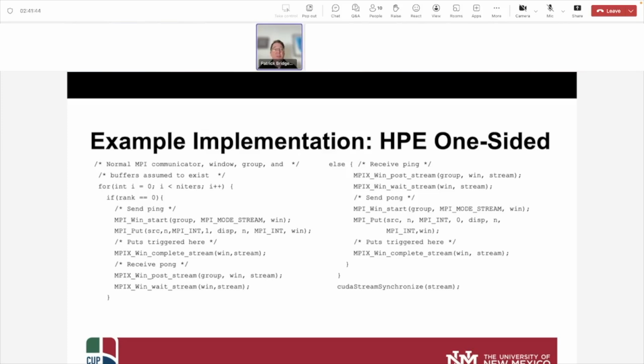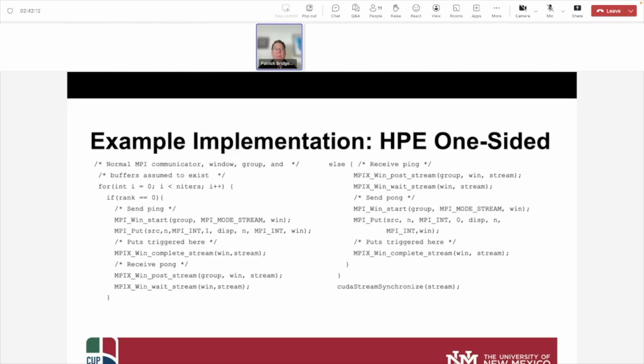This is a proposal from HPE that uses RDMA, the post-start-complete-wait part of MPI RMA that many people tend to not think about or not remember. But they use it in a very interesting way to do stream triggering. In this case, an MPI window is created, or an MPI window already exists.